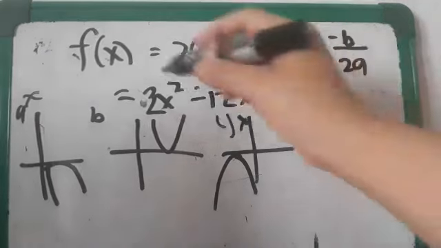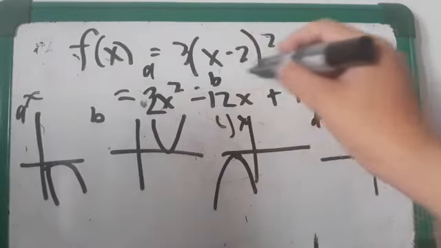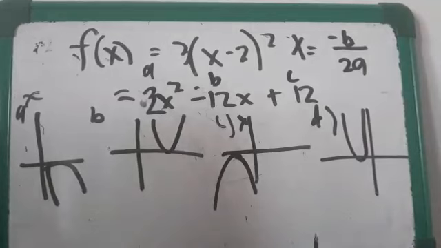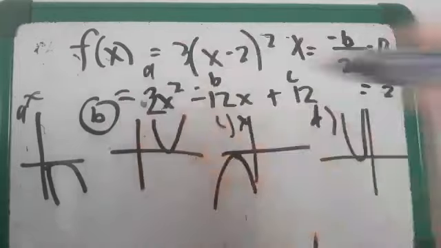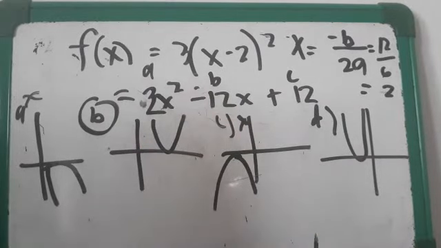So, sa ating given, ito ang a, ito ang term b, at ito ang c. So, meron tayong negative 12, so magiging positive 12 over 2 times 3 is 6. So, we have 2. So, looking at this, mukhang letter B tayo pinupoint na graph.